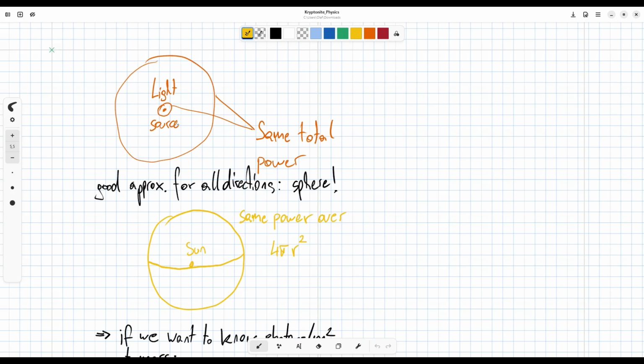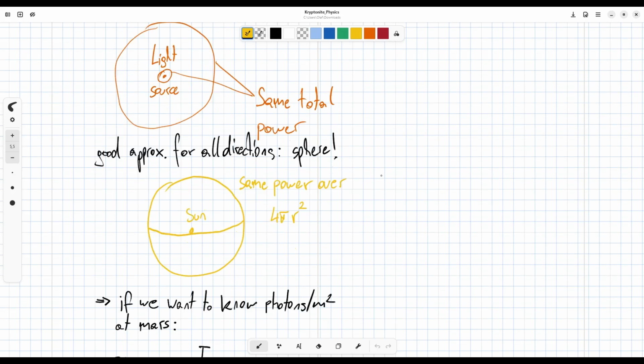Let's say we have a light source here in the middle. If the light source can emit freely in all directions, or reflect for some reason in all directions, all of the power of the light that it had when it was emitting the light would be spread out equally on a sphere.